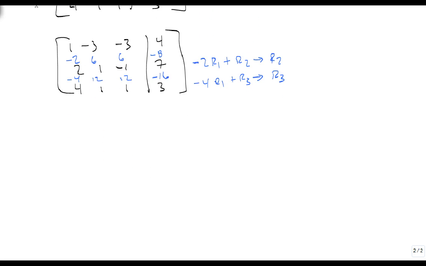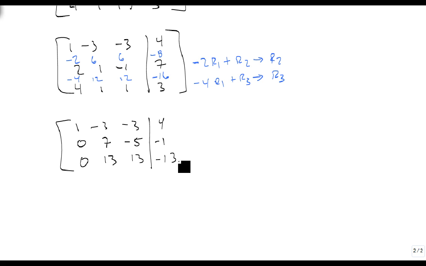Now I'm going to write my results. I still get my 1, minus 3, minus 3, 4. Now I get a 0, 7, minus 5, minus 1, and a 0, 13, 13, minus 13. Now that I've got this piece done, I'm going to ignore the first row and the first column.